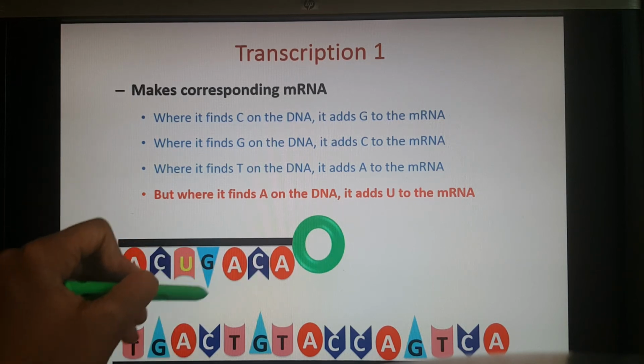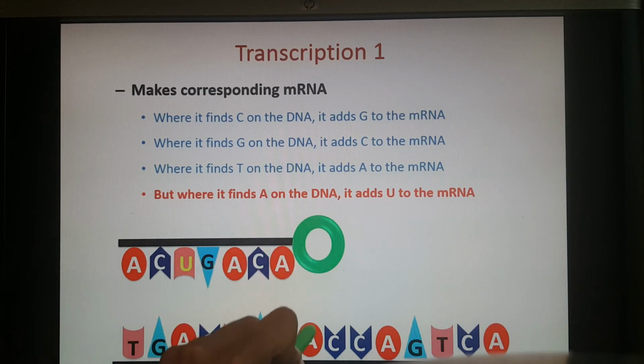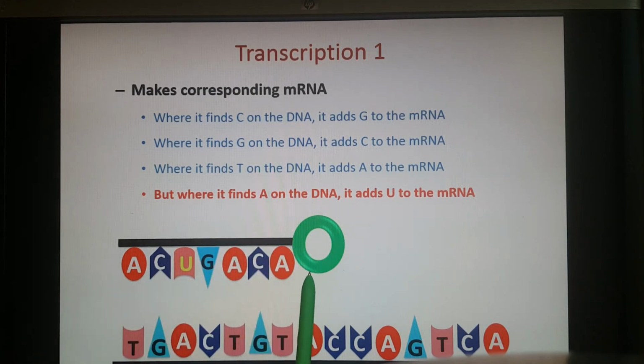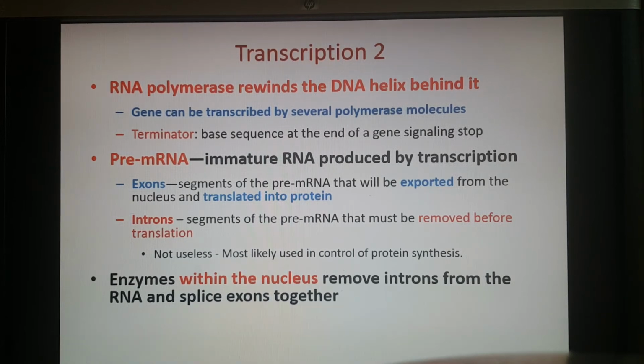Here's the one part where it is different. The next one for this slot here will also be a uracil. As the RNA polymerase enzyme is moving through the DNA, it opens it up, and it also rewinds the DNA behind it.